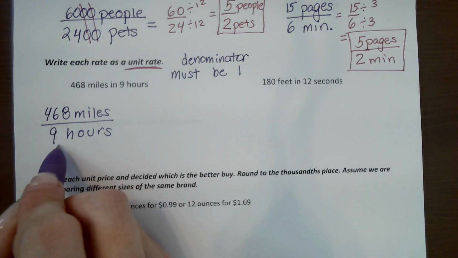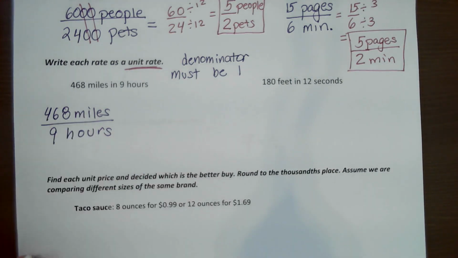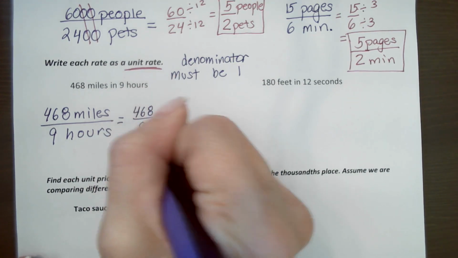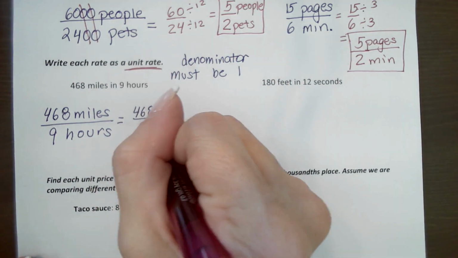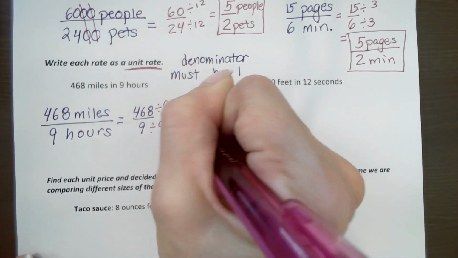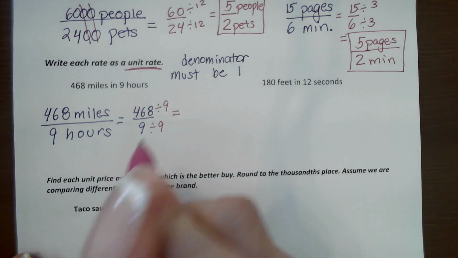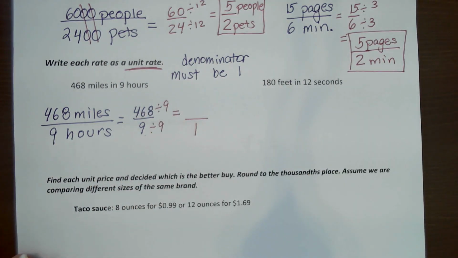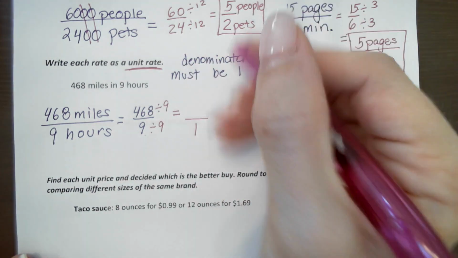Now, we said we want to make this a unit rate. So we want to simplify this until the denominator is 1. Right now, we have 468 over 9. To simplify, we're going to divide by 9 because that is going to make my denominator equal 1. So 9 divided by 9 is 1. 468 divided by 9 is 52.